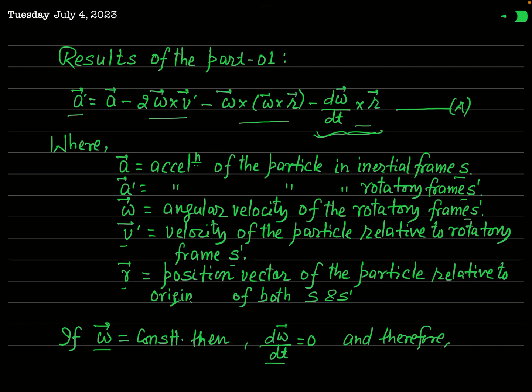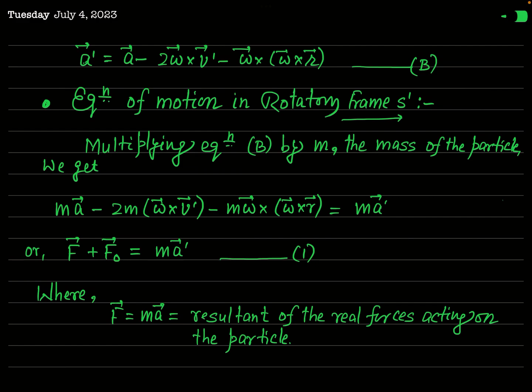So when you consider that our frame is rotating with constant angular velocity, then A prime will simply be A minus 2 omega cross V prime minus omega cross r. I have mentioned it here, equation B. Till this equation we have learnt in the previous lecture.